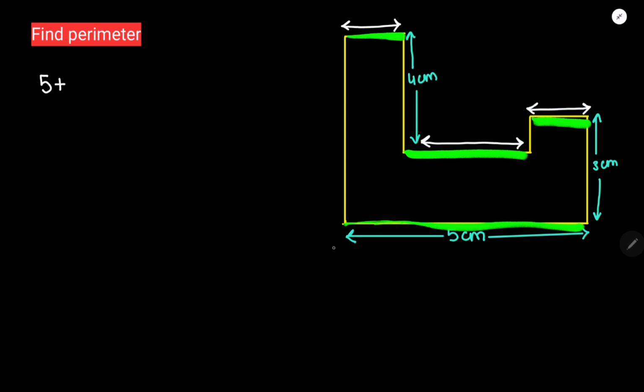What if I name them? This is A, B, C, D, E, F, G, H. Now you look at HG plus FE plus DC, 3 horizontal lines. If you look at them, they sum up to AB only, right?